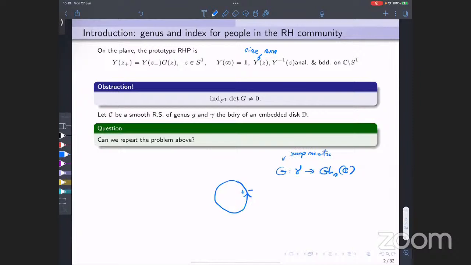Now, as everybody who has tried to solve a Riemann-Hilbert problem should know, there is an obstruction. The first obstruction that can happen is if the index of the determinant of the jump matrix is not equal to 0.